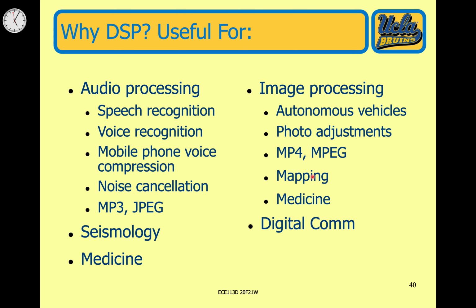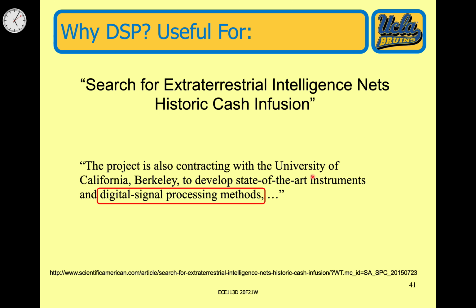Mapping, medicine, digital communications, radar, sonar, just everywhere. It's used in lots and lots of places. Here, extraterrestrial intelligence nets. UC Berkeley, developing state-of-the-art instruments and digital signal processing methods. And here's the Scientific American link. Search for extraterrestrial intelligence.